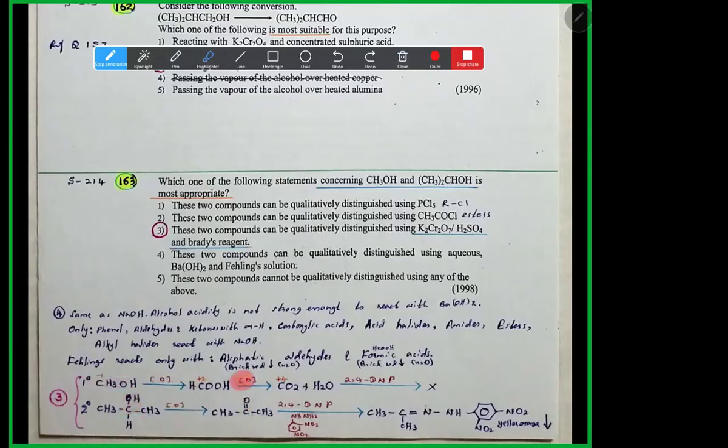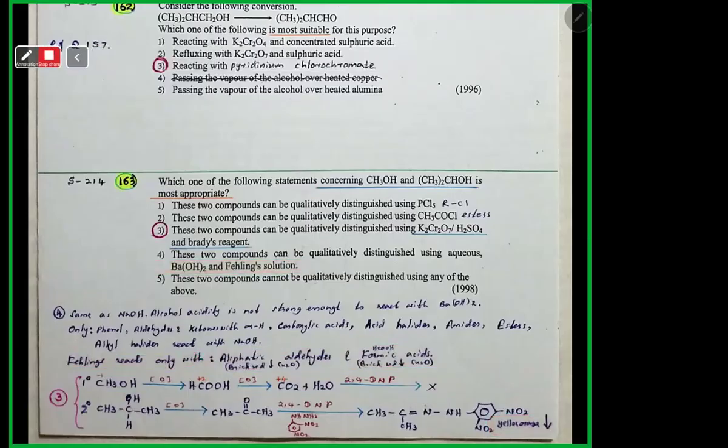So this can oxidize further to this; 2,4-DNP no reaction, but here this gives the yellow-orange precipitate. That is the answer. Fehling's, barium hydroxide. Fehling's reacts with aliphatic aldehydes and formic acid only. 163, answer 3.